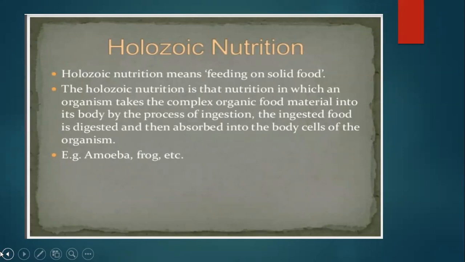All these are examples of holozoic mode of nutrition. Okay, next. This holozoic nutrition is also one of the dependent types of nutrition. Let us observe holozoic nutrition in human beings.